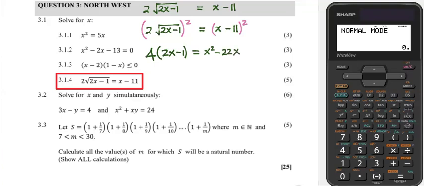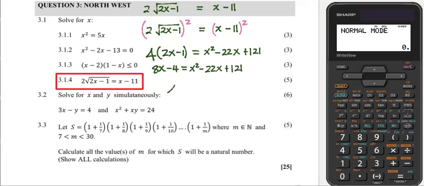x plus 121, since x minus 11 squared is positive 121. All right, so now I've got 8x minus 4 equals x squared minus 22x plus 121. So what it means now, I have to take all of that and bring it to that side, but I'm going to write the right-hand side first.